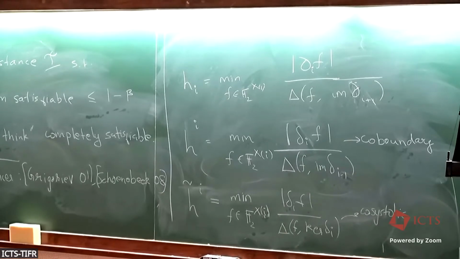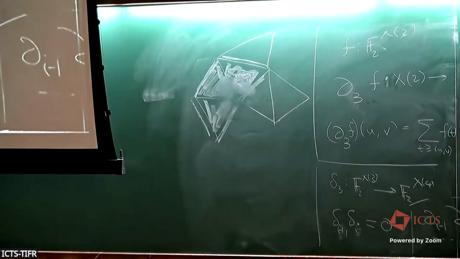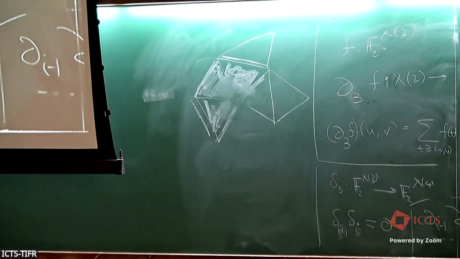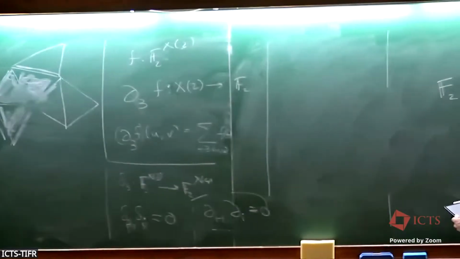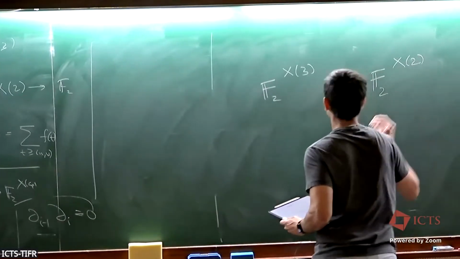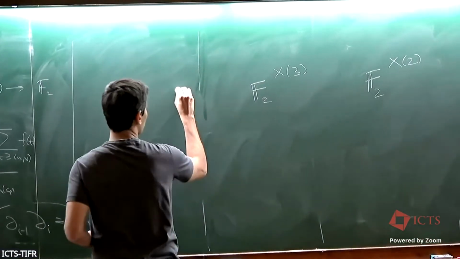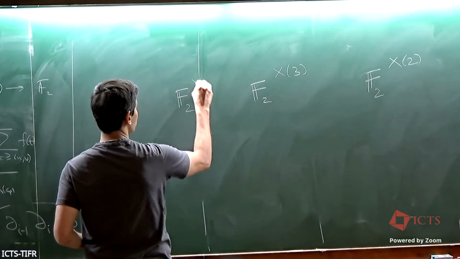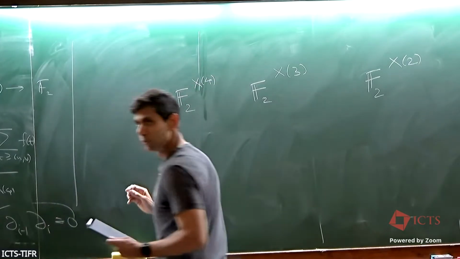The cool observation was that we looked at basically three things: triangles, edges, and tetrahedra.